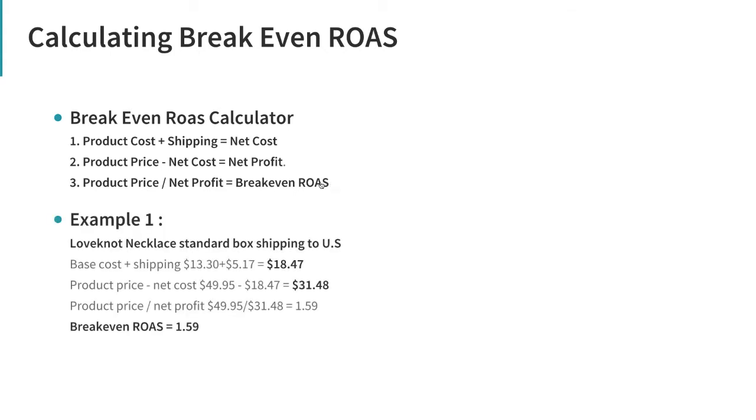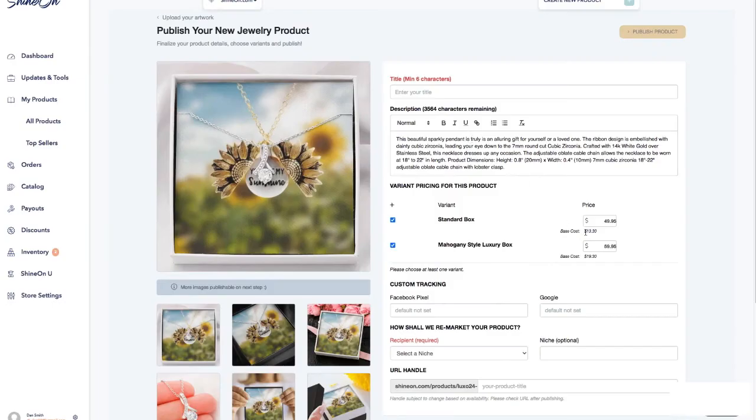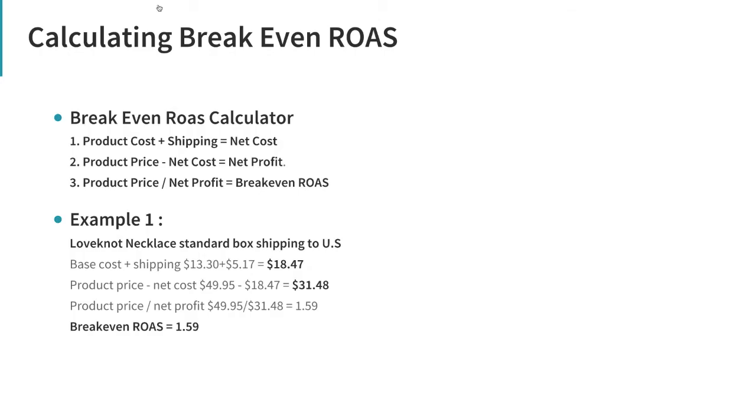I've done an example here, number one. This would be the love knot necklace being shipped to a customer in the US. So to get your net cost from here, you would add up the price of the item here and the cost of shipping. Net cost is $18.47.